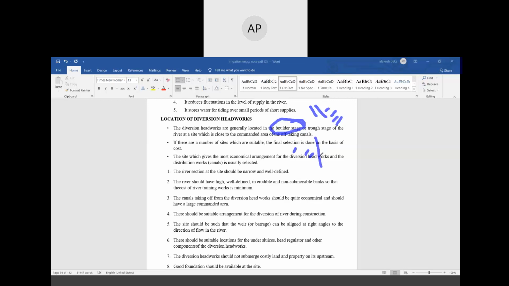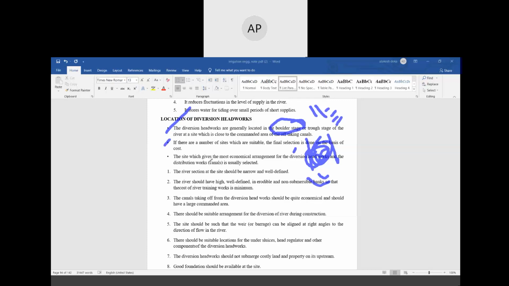Okay, so in boulder stage, the river is straight, not in zigzag, not in a curved motion. Okay, so the straight stage of the river is known as the boulder stage. And this is the first point of location of diversion headworks.